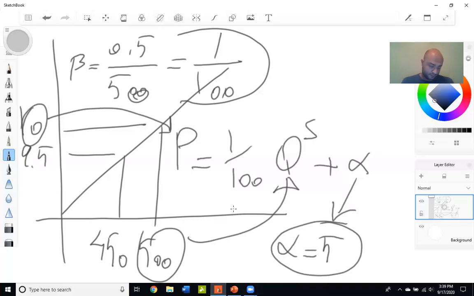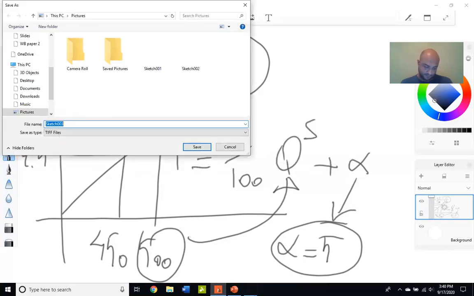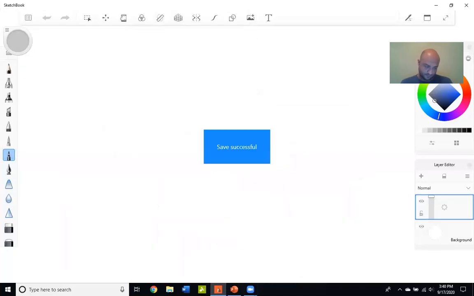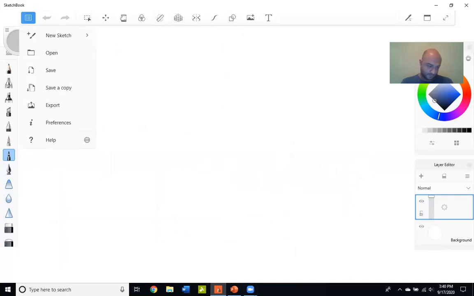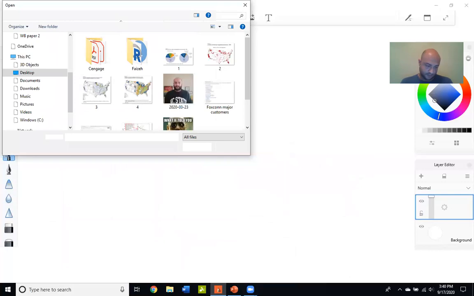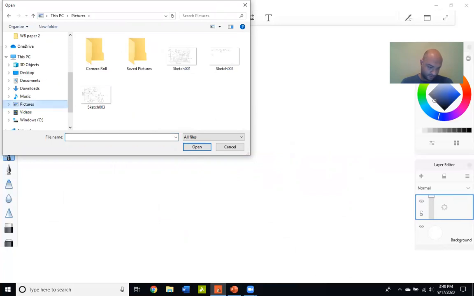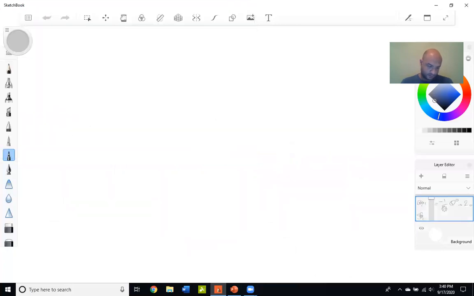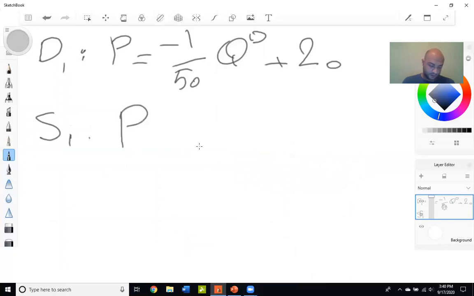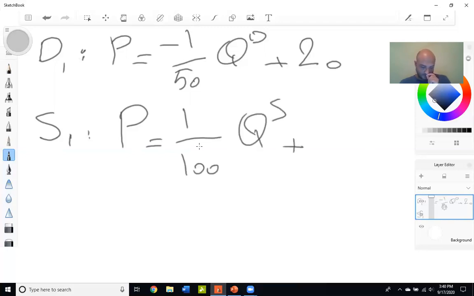So our supply curve would be P equals 1 over 100 quantity of supply plus 5.